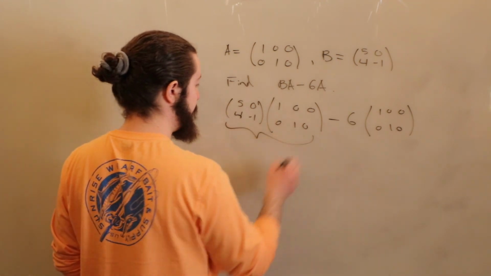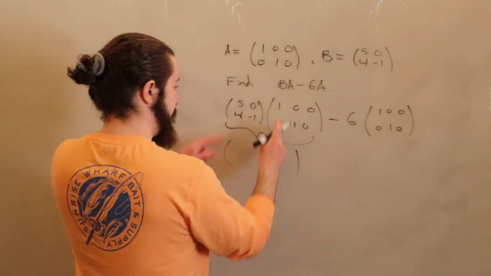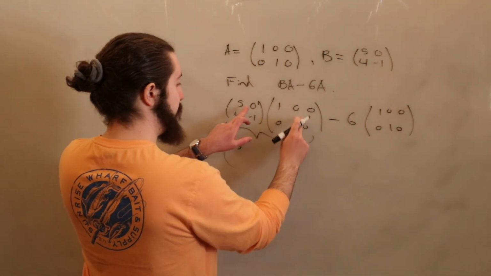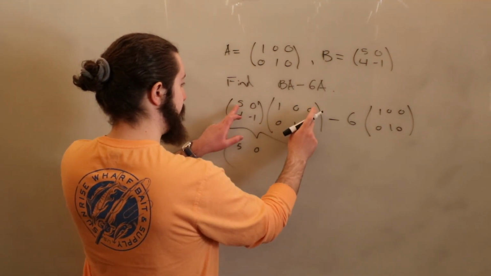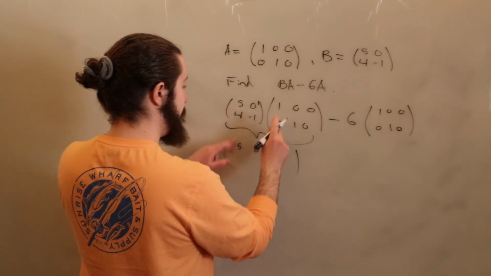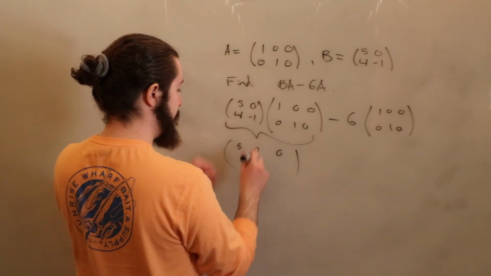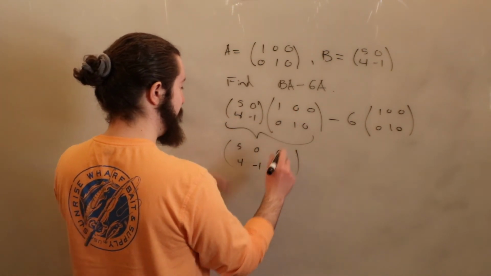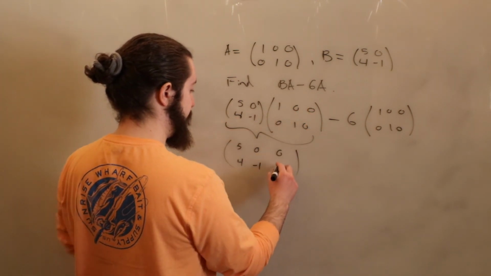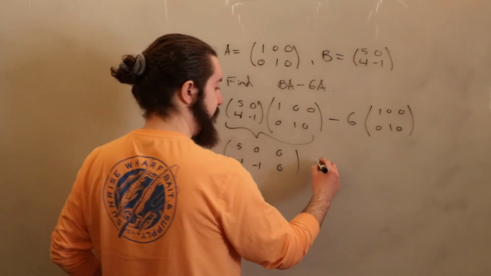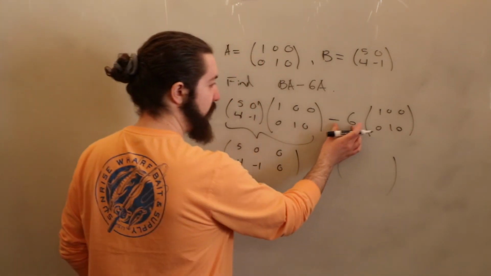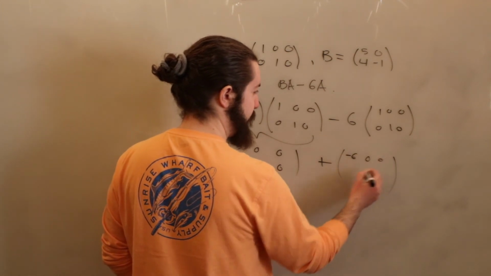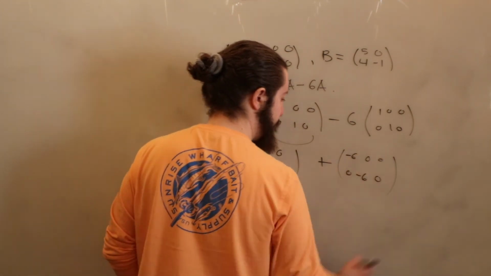So this product is going to be, let's see, 5 plus 0 is 5, 0 plus 0 is 0, 0 plus 0 is 0, 4 plus 0 is 4, 0 minus 1 is minus 1, and 0 plus 0 is 0. And then this matrix, we're going to multiply everything in it by negative 6 to get negative 6, 0, 0, 0, negative 6, 0.